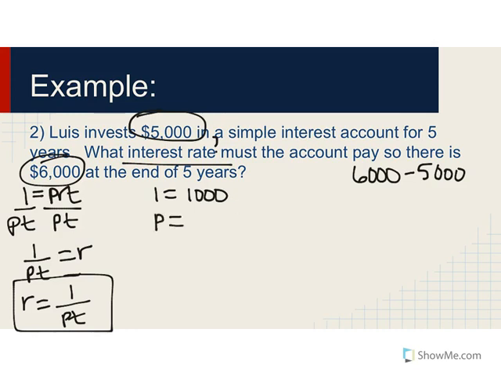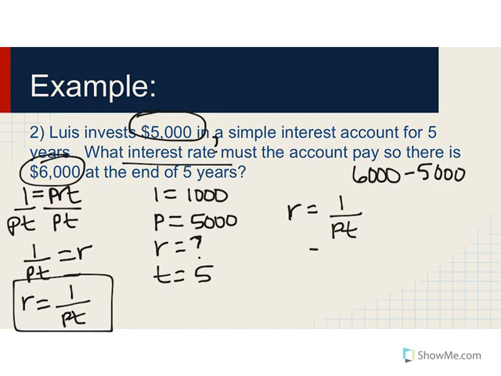Now I'm going to go to my principal. If we know that we already had $5,000 in the account, that's how much our principal is. Our R is the question mark. We don't know what we're finding. But then our T, we're looking at 5 years, so we can just use our 5 there. Now I'm going to plug it into our new formula.